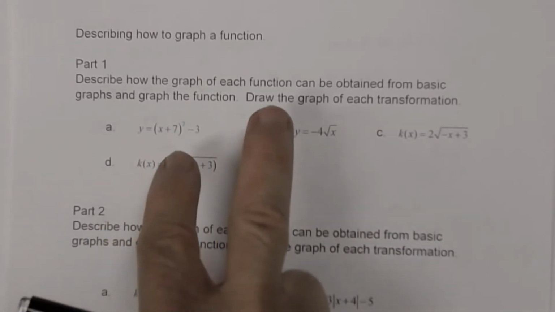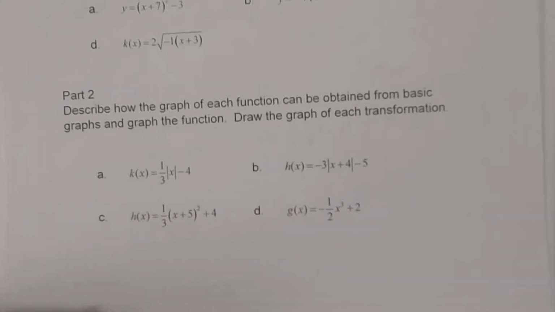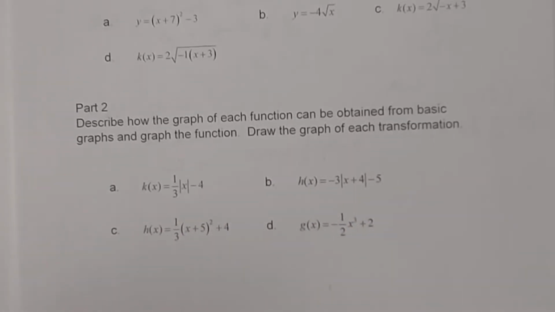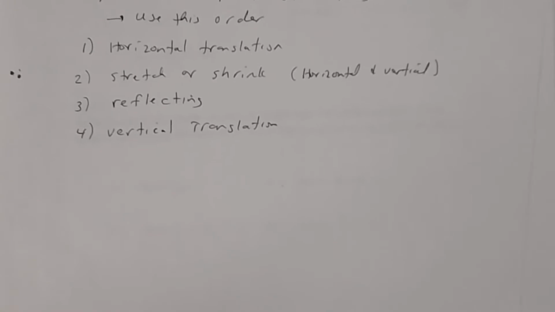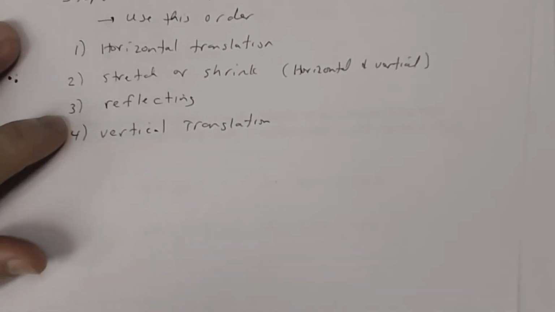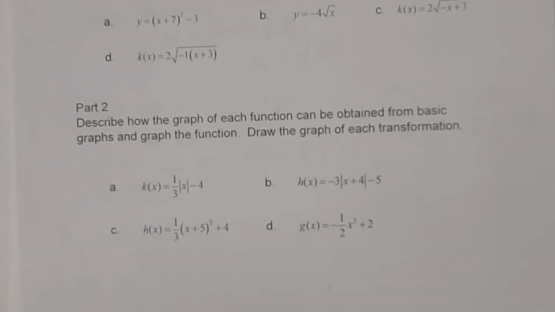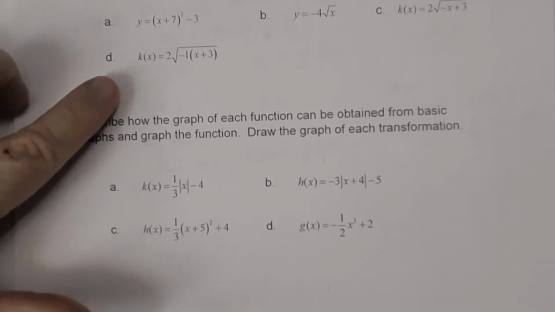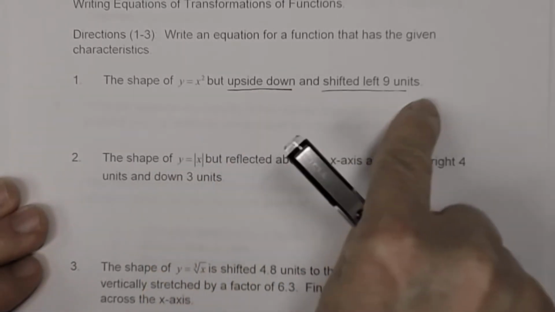We looked at 2 parts. We did some problems in part 1 and we did problems in part 2. Remember, you had to use a specific order. First thing you would do is the horizontal translation, then you would stretch or shrink, then you would reflect, then you would do the vertical translation. So that's what you do when the symbolic representation is given. But here, you're given the verbal one, so it's got to be the order that you see it.